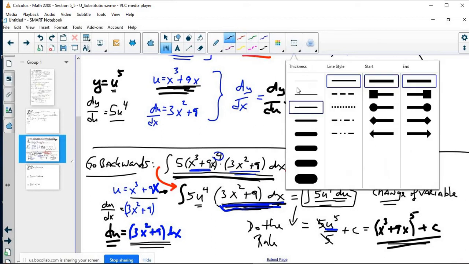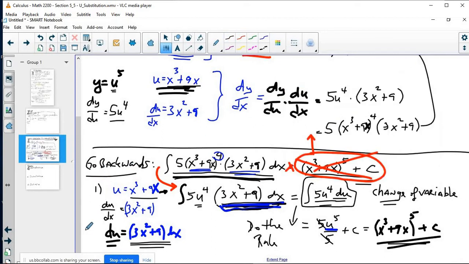I have to choose this idea of u, and then I have to plug it in. And then I have to find out what my derivative du looks like, and then I have to plug it in and hope that it matches. If it doesn't match, guys, you can't force it. You can't just change from x to u because you feel like it or because you know you're supposed to. Something's got to happen where you're allowed to do that, okay?